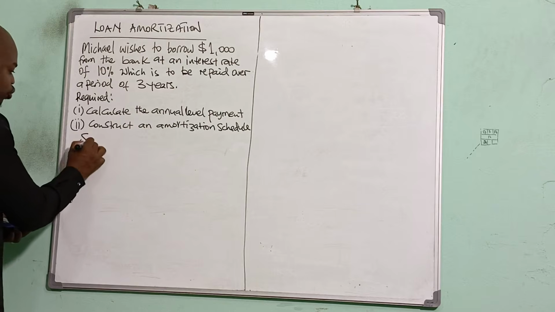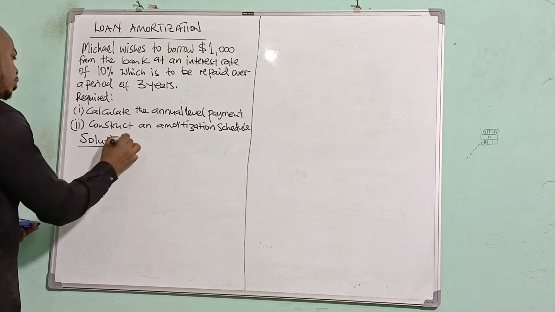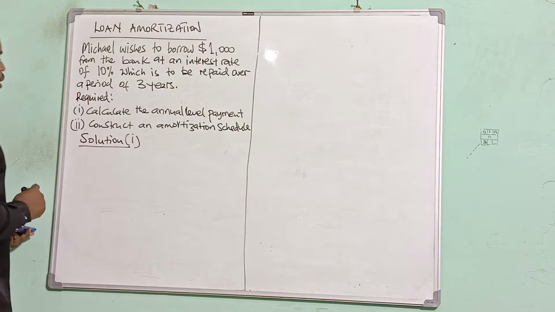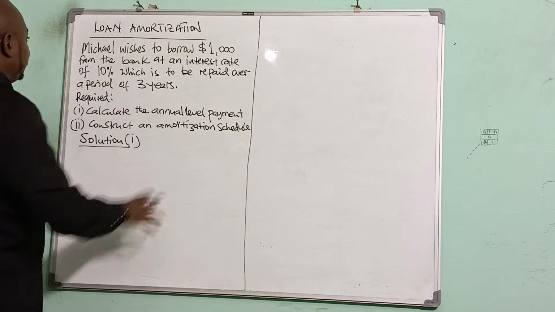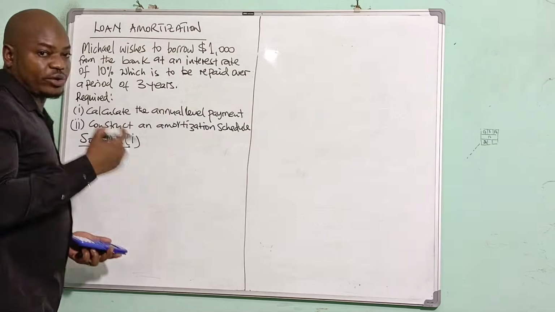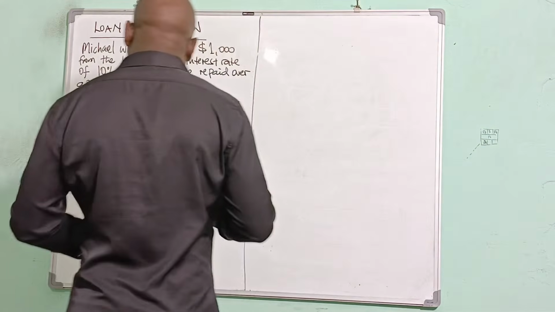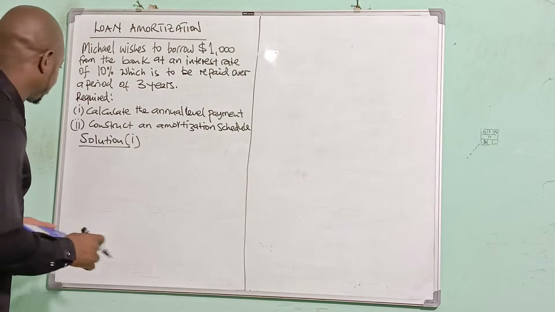So I'll say solution here, and I'm discussing solution 1. All right. So the annual level payment, this topic is actually bordered on the concept of time value of money. I'm sure you've watched that video on time value of money, where I introduced the concept and explained.